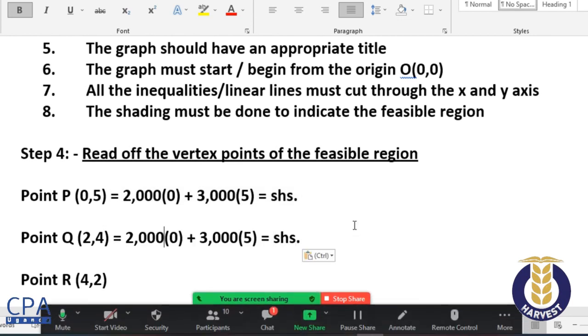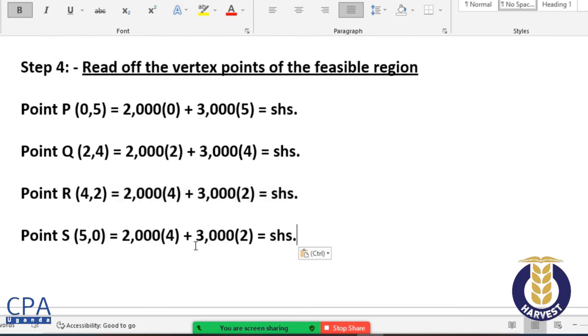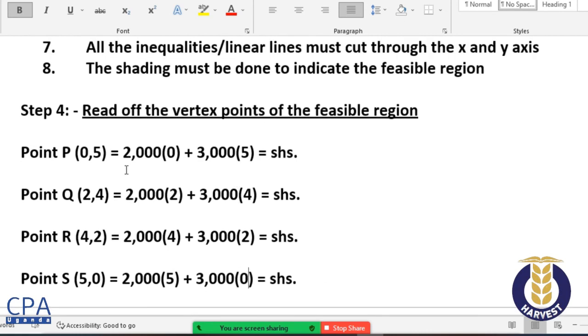Where we have this, it's a 2. Where we have the 5, it is a 4. So we look for that figure. Then at point S, we have 5 and 0. So let us solve. At point P, this is 15,000.